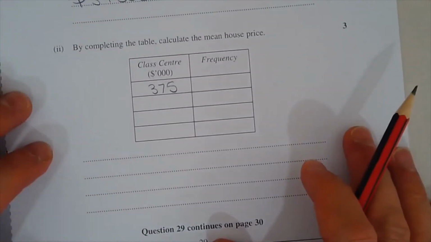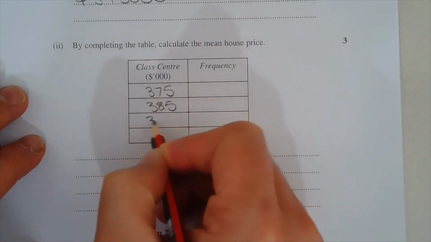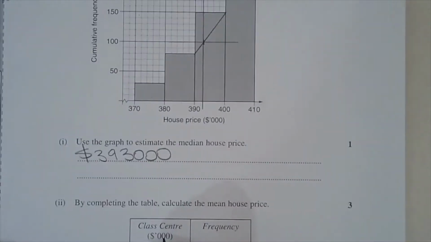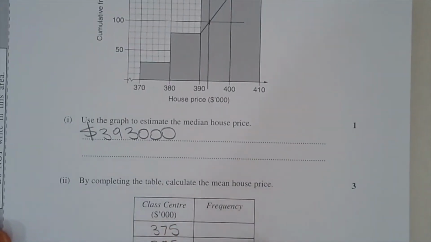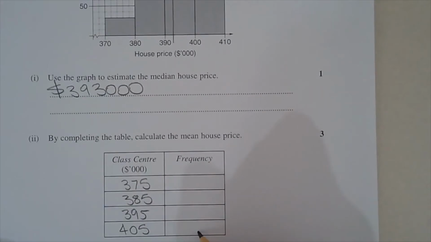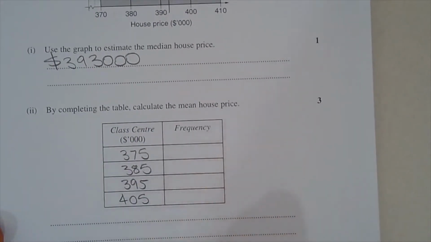So I might as well fill out this table: 375, 385, 395, and then 405,000. Just be mindful that these numbers represent thousands of dollars. Now let's fill in the frequency column. We know the total has to be 200 if we add up all the frequencies.